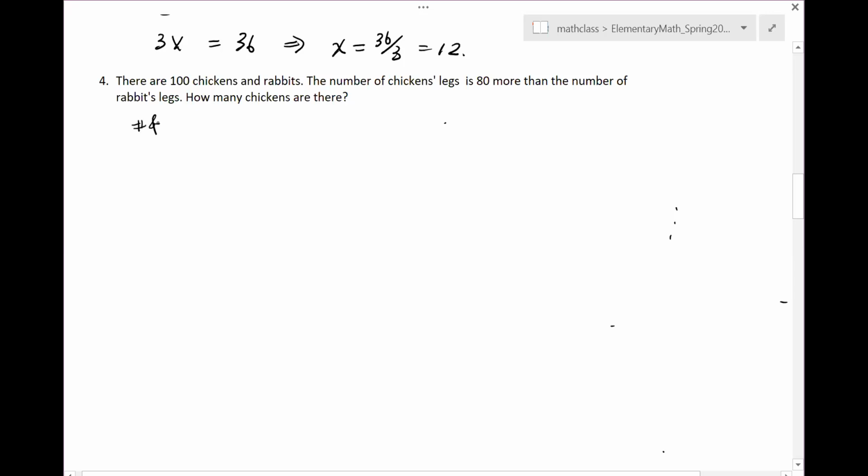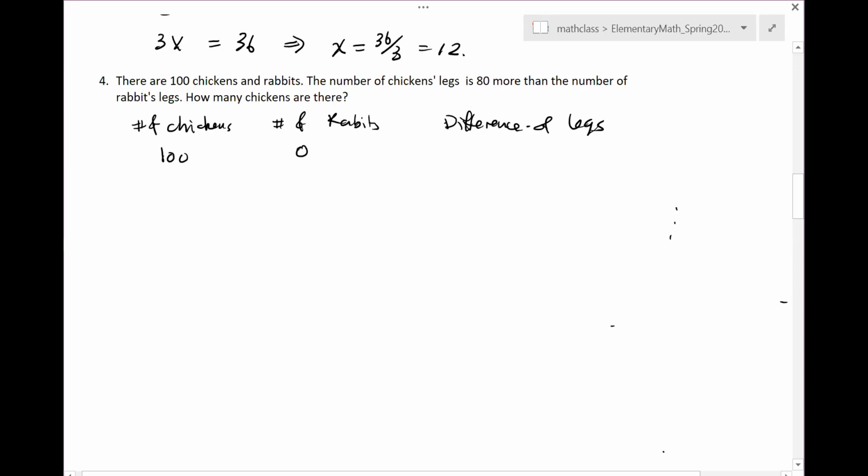Here's the number of chicken. And this will be number of rabbits. This time it's not the number of the legs. The difference of legs. Okay. So first of all, you assume all the animals are the chicken.